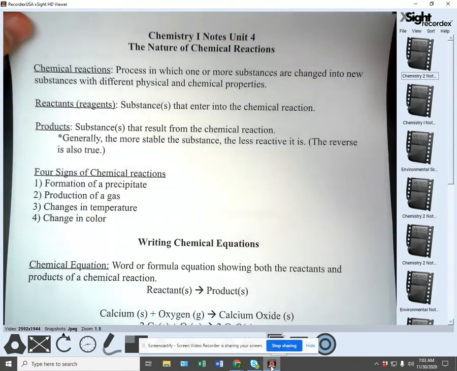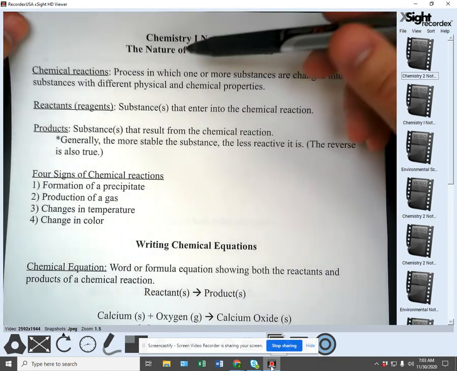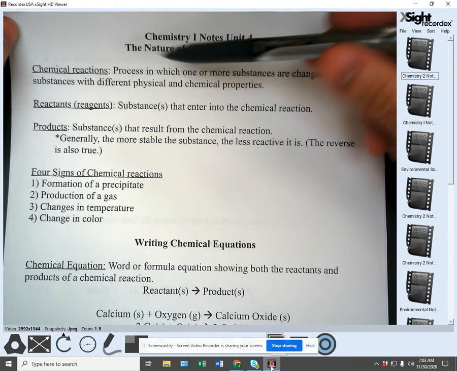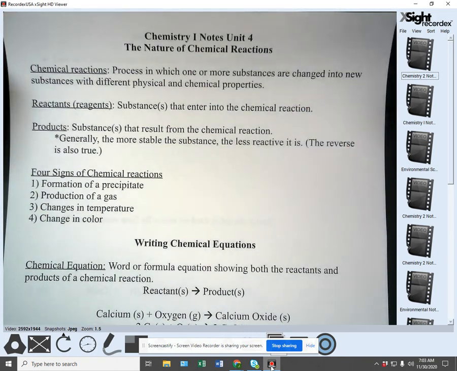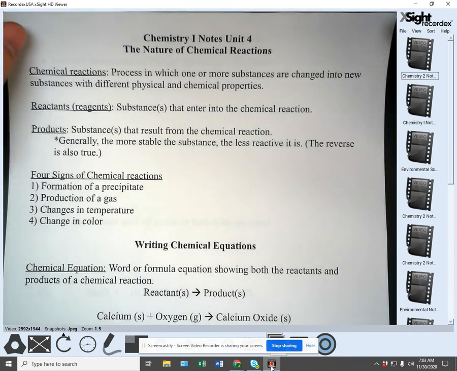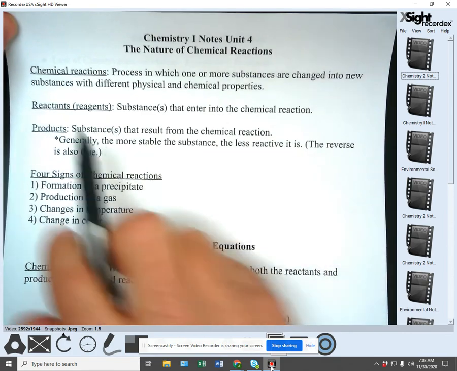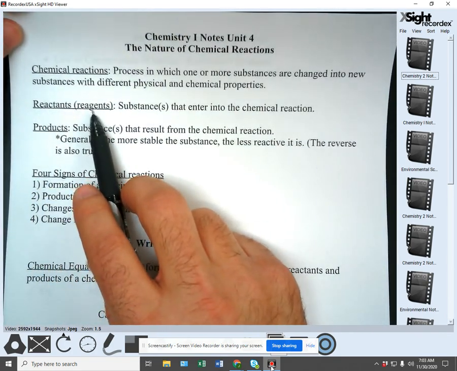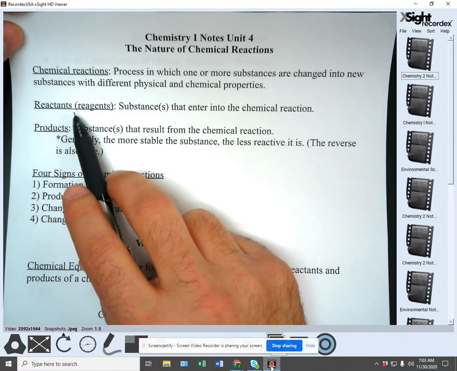Chemical reactions are a process in which one or more substances are changed into new substances with different physical and chemical properties. We've already talked about physical versus chemical changes. The terms reactants or reagents mean essentially the same thing.